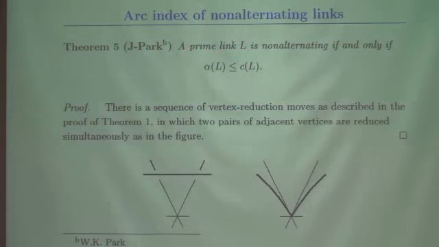If L is a non-alternating prime link, then alpha of L is not bigger than the crossing number, and the converse is also true. So if you have a prime link, then the arc index is either C plus 2 or less than or equal to C.